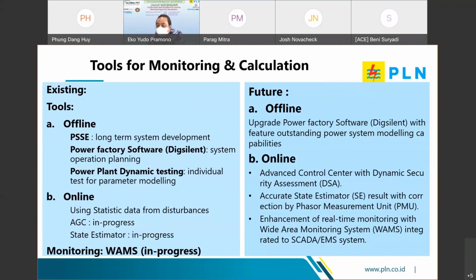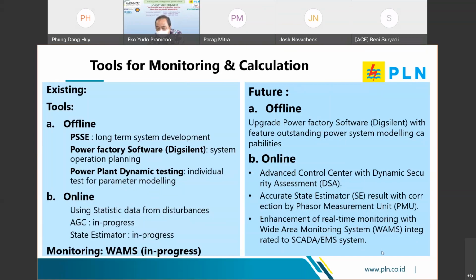In the future, we plan to upgrade our PowerFactory for outstanding power system modeling capability, and for online, we plan to build an advanced control center with dynamic security assessment and an accurate state estimator, with residual correction by phasor measurement units. So if anything happens in our system, we can detect it with the phasor measurement units and make accurate simulation and assessment of real-time monitoring, with the wide area monitoring system integrated to the SCADA or EMS system.